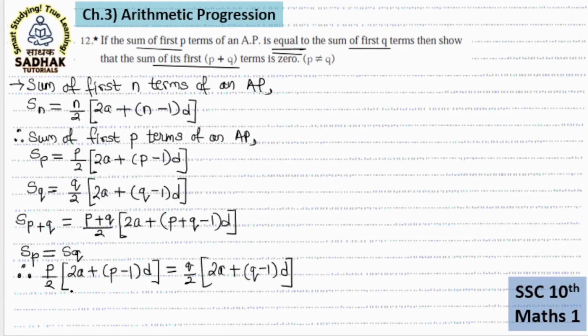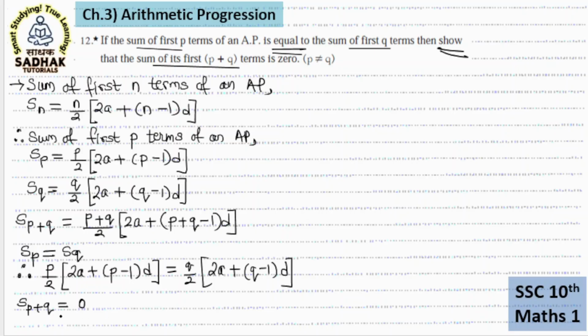Okay, and the second thing, which we have to show actually, is that the sum of p plus q terms is equal to 0. Okay, so we have to show that S(p plus q) is equal to 0. Fine.